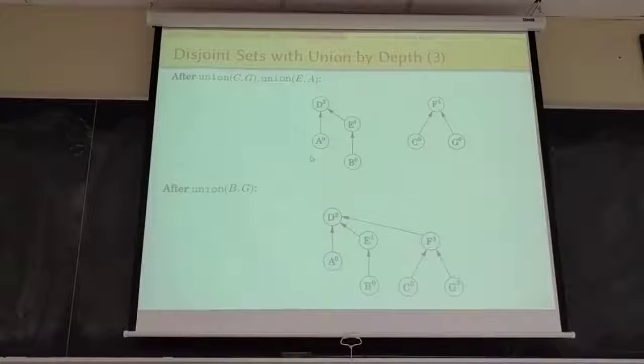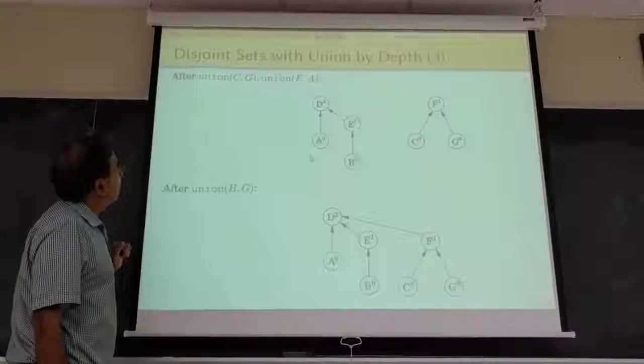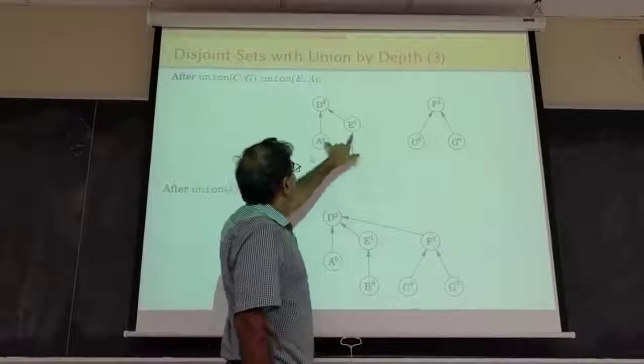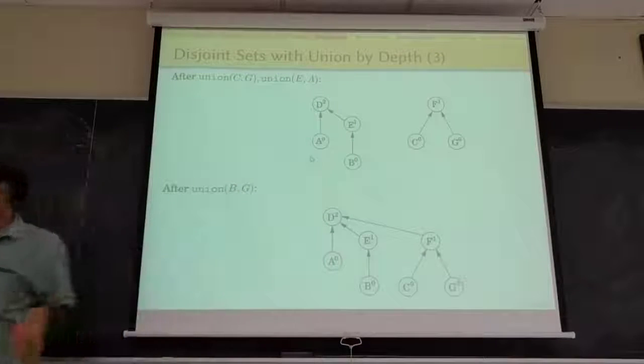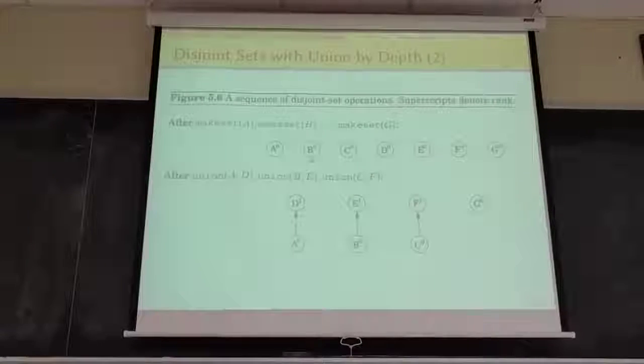Now we do 2 more unions. We union C and G, and E and A. Okay, so if you recall from the previous picture, E was already in a set with 2 elements, and A is also in a set with 2 elements, at the bottom of the slide.